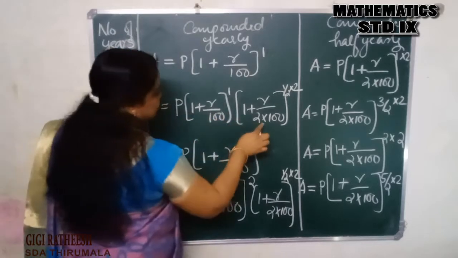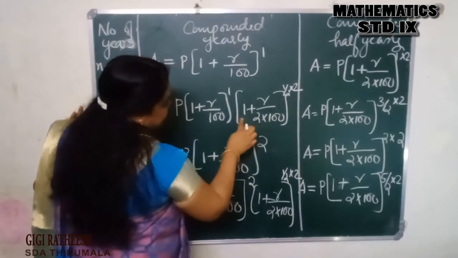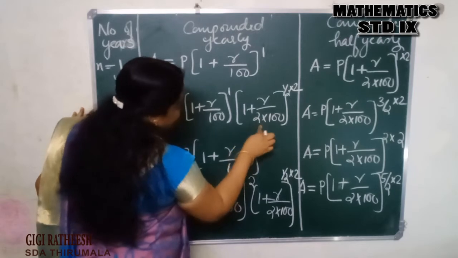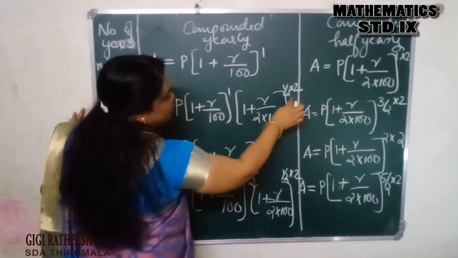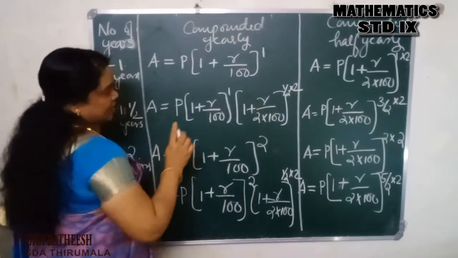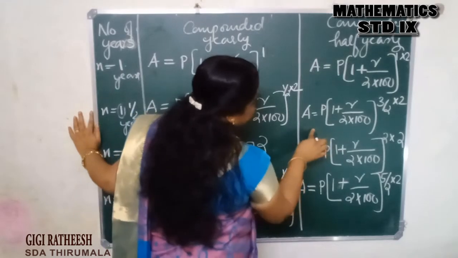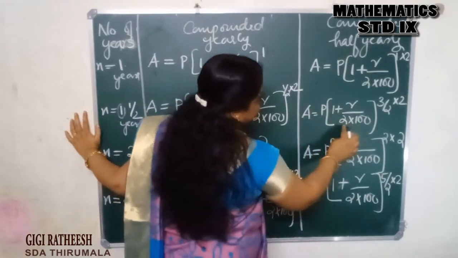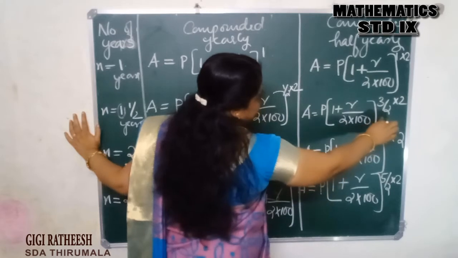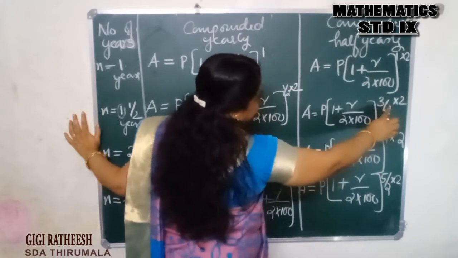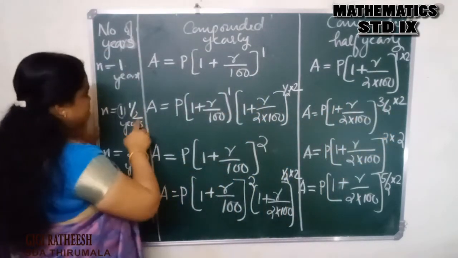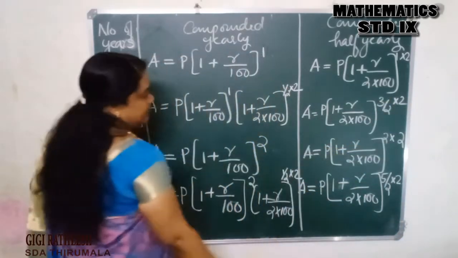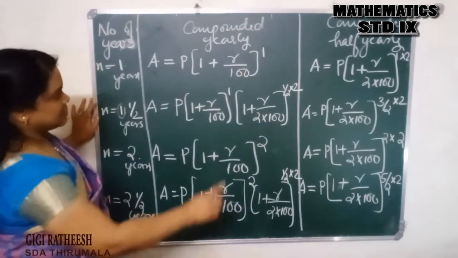After that, for the next half year, it is 1 plus R divided by 2 into 100 the whole raised to 1 by 2 into 2. And if it is calculated half yearly, A is equal to P into 1 plus R by 2 into 100 the whole raised to 1 and 1 by 2 in improper fraction, that is 3 by 2 into 2, for half yearly.